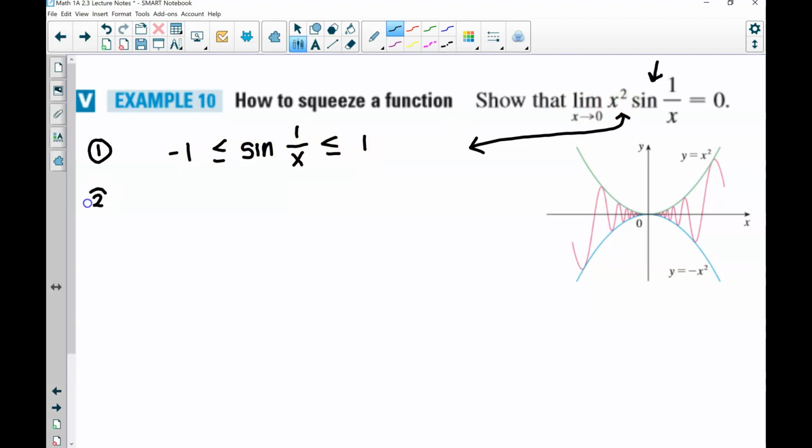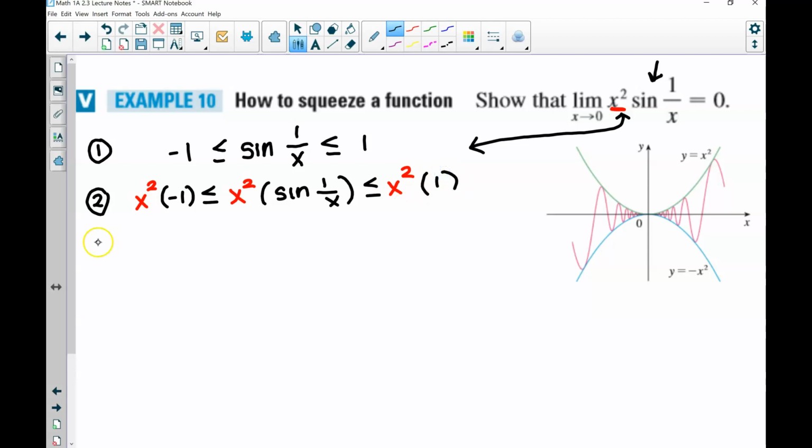For step 2, we take x squared and multiply it by -1, then take x squared and multiply that by the sine of 1 over x, and less than or equal to, we take x squared and multiply that by 1.